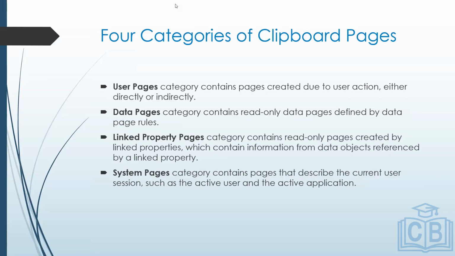To give you a simple example, when I open my banking portal to check my balance, balance has to be a read-only field. Correct? It should not be editable. If you try to get this data into your application, it would be under the data pages category. It will typically be read-only information.